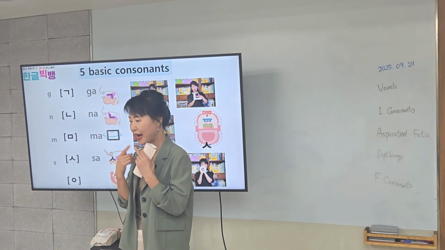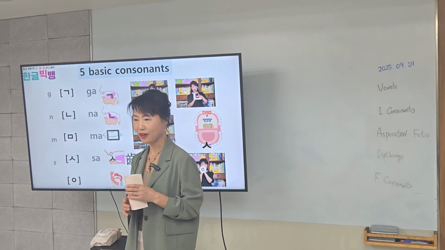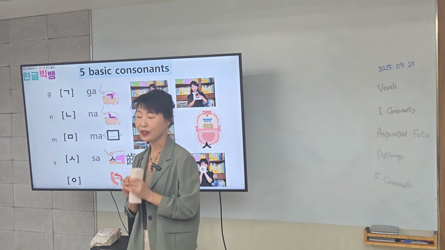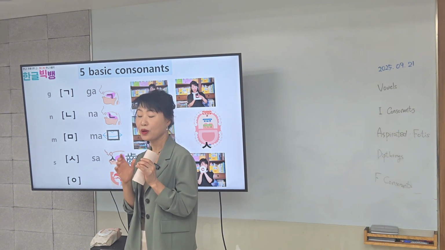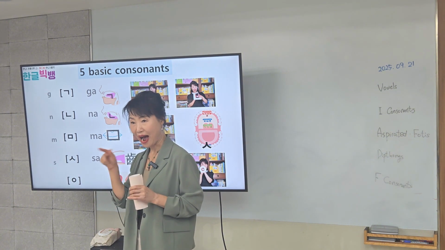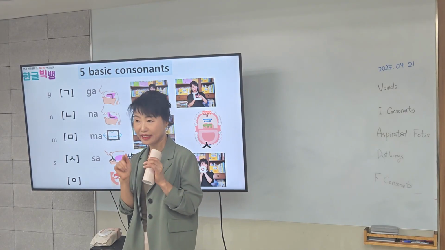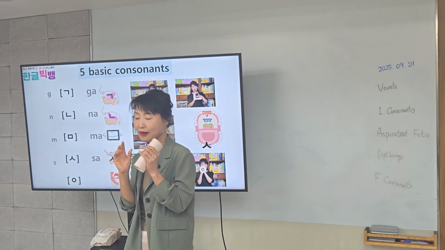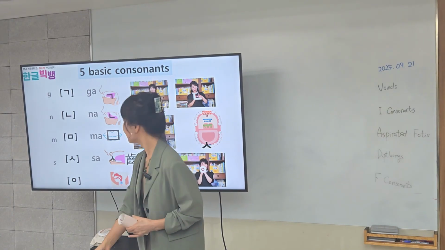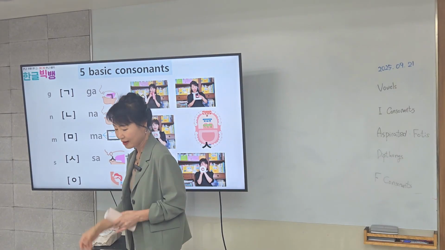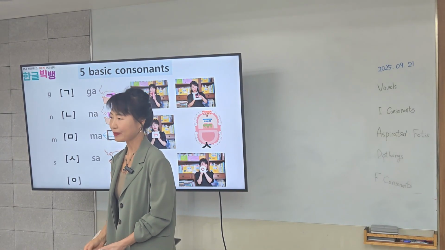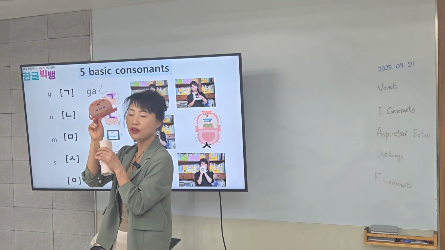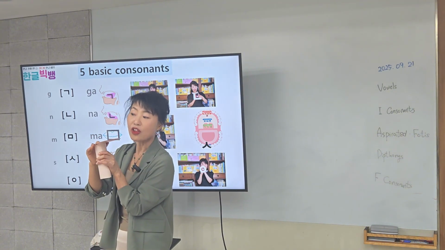Look at my mouth and this mouth model closely. Since a consonant can be pronounced alone, I will pronounce them by adding the vowel a. This way, you can see the movement of the tongue and mouth clearly. So this is ka. When you pronounce ka, like this, the root of your tongue blocks your throat.